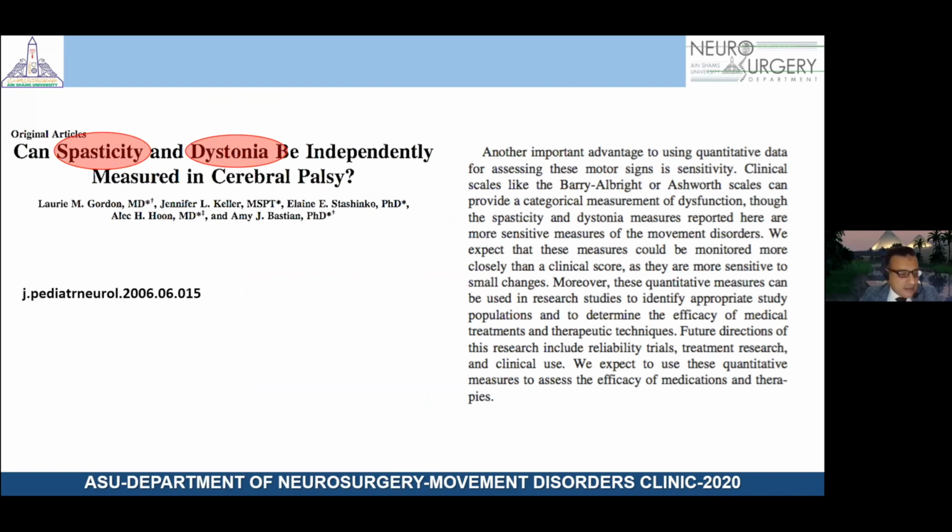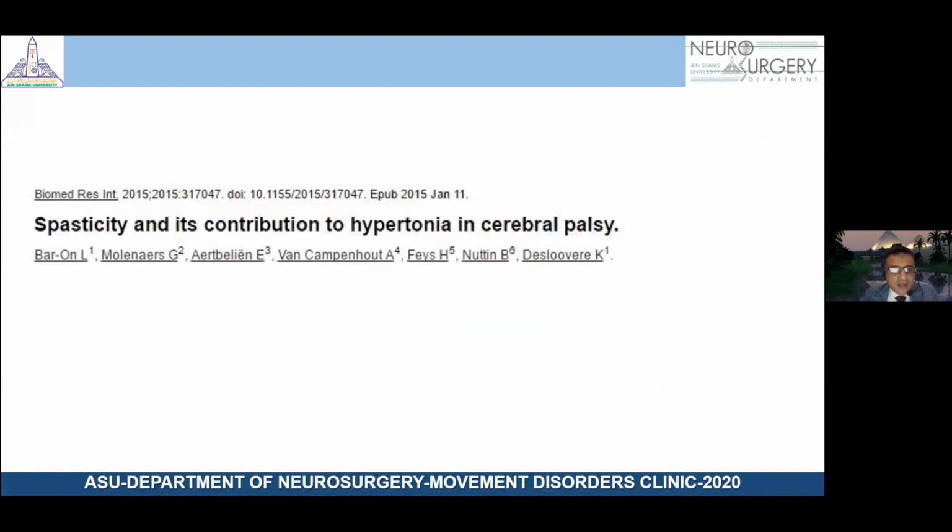Spasticity can be treated relatively easily compared with mixed hypertonias or dystonias. So we should evaluate the hypertonia very carefully, and we can measure or justify the presence of other types of hypertonia at the same time.